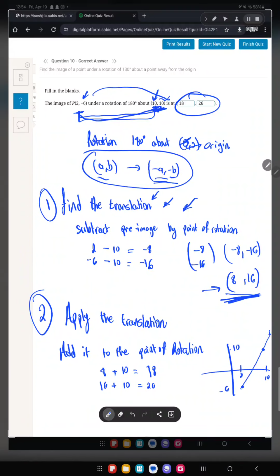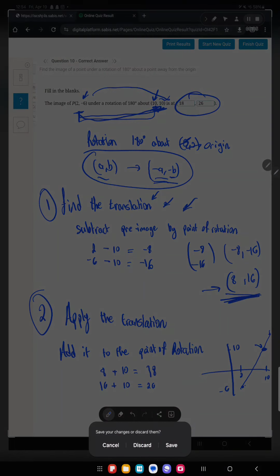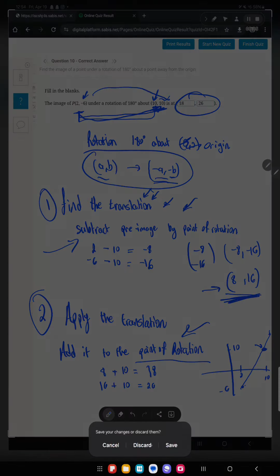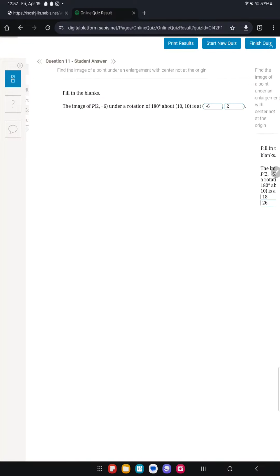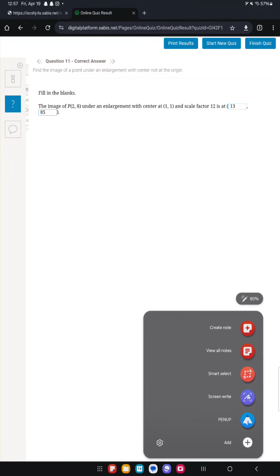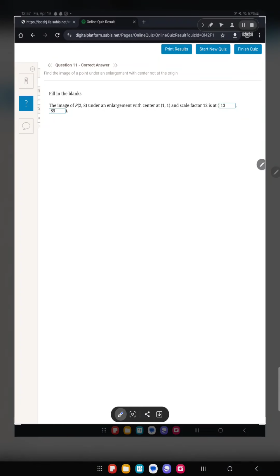You find the translation, then you add it to your point of rotation. Try understanding it. Find the translation, apply the rule, then add that translation to your point of rotation. Obviously some people may have different ways. Whatever you find easy, I really don't care, as long as you find it easy.